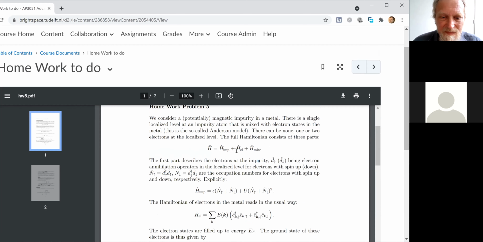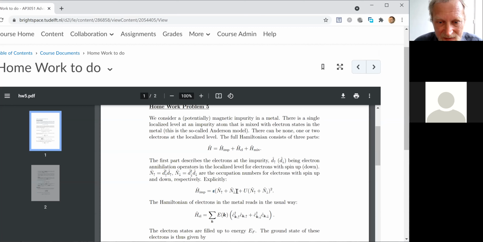Let's start with something which we know. Those are electrons, and spin is important in this problem. That's why I put the spin explicitly. Good. Non-interacting electrons. Now I want to specify the energies for the impurity.